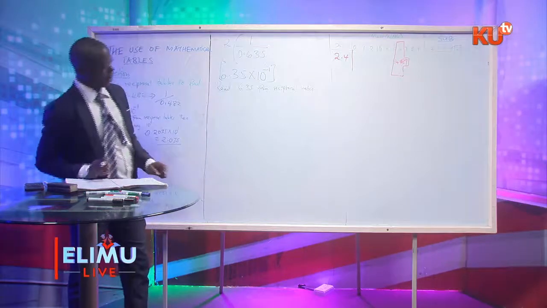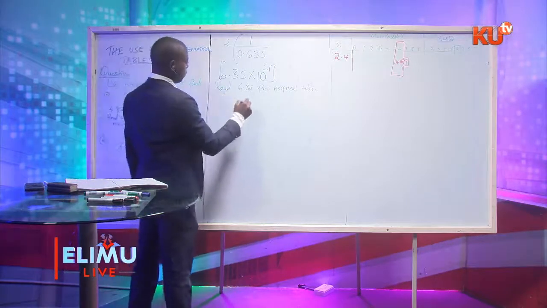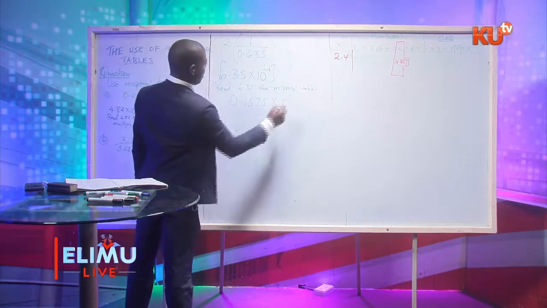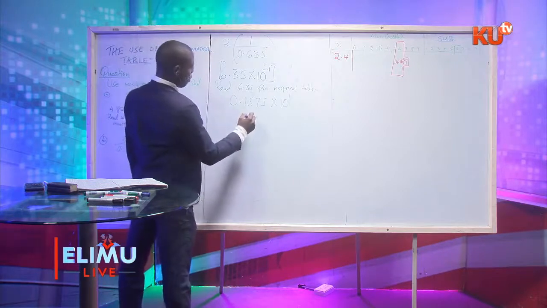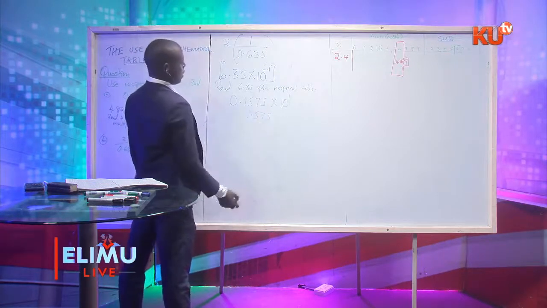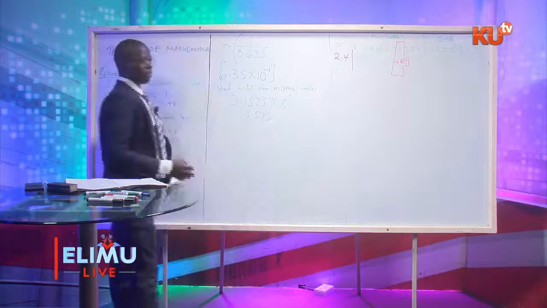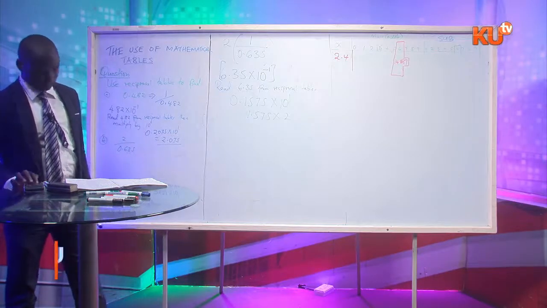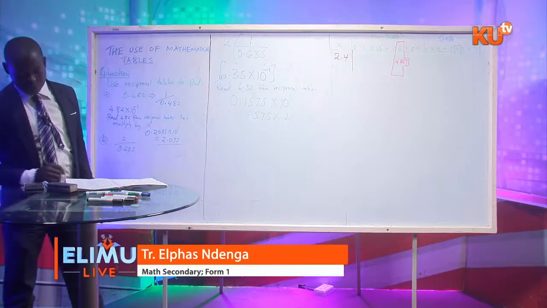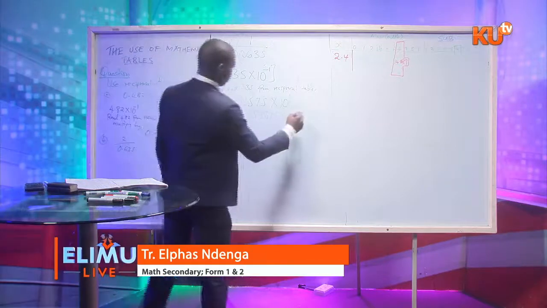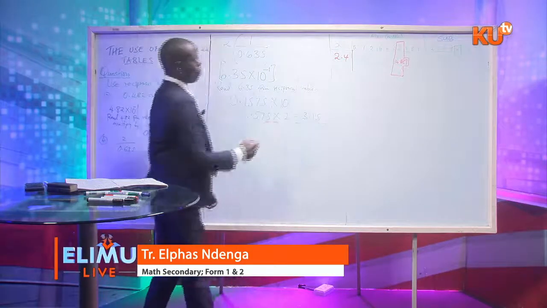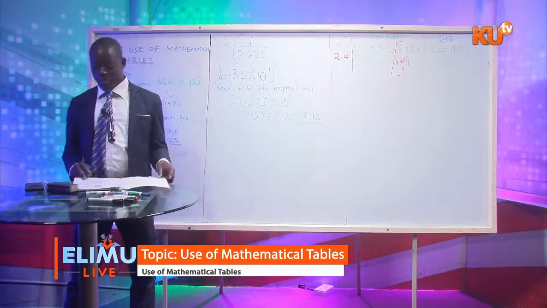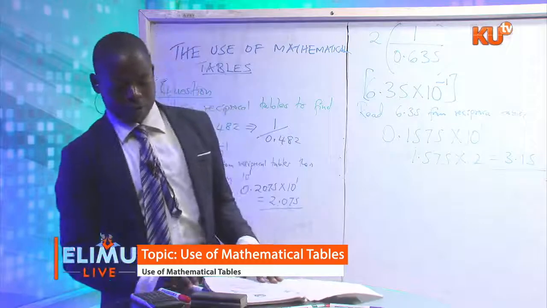That is 1575, so 0.1575. Then we change the sign, times 10 power 1, and that becomes 1.575. Then we multiply it by 2 because the numerator was 2. So 1.575 times 2 gives 3.15. That is how we use the tables for reciprocals.